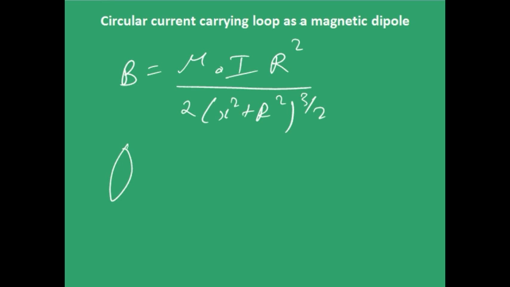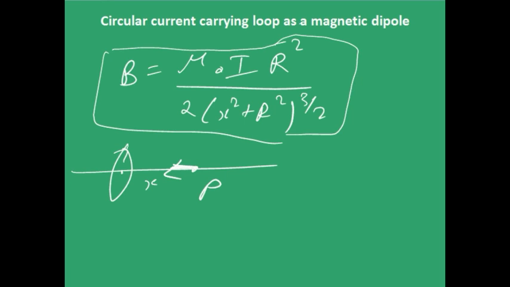If this is your loop and this is your current direction, at this point P at a distance x from the center, you will have the magnetic field like this, and the direction is given by the right hand rule. Here it is in this way, only horizontal.